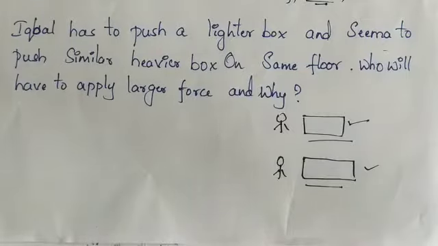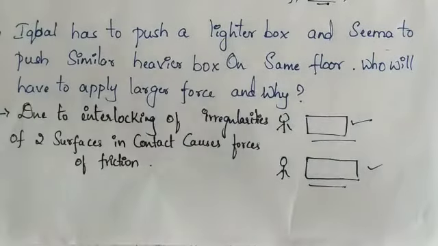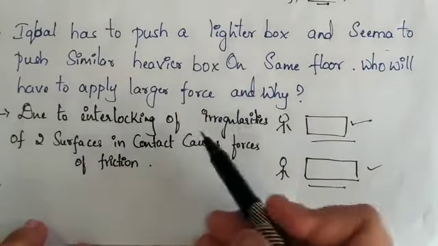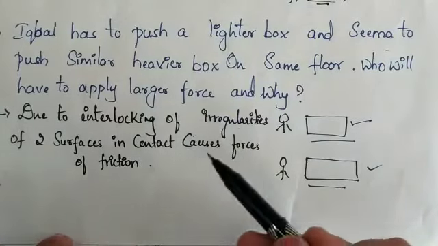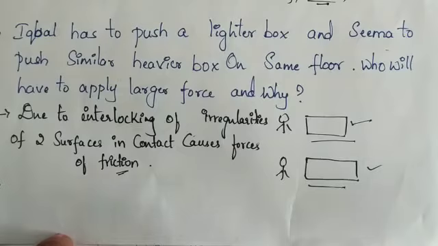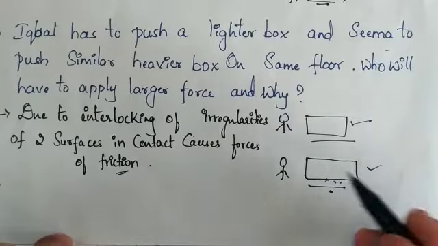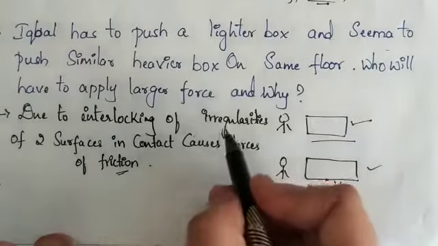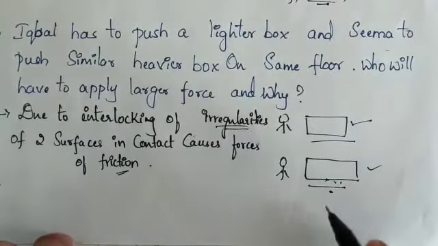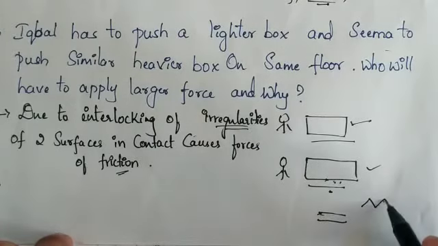To understand this, the first important point to write is that interlocking of irregularities between two surfaces in contact causes the force of friction. The box and the ground are in contact, and on any two surfaces there will be some irregularities.